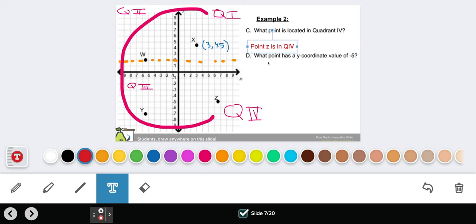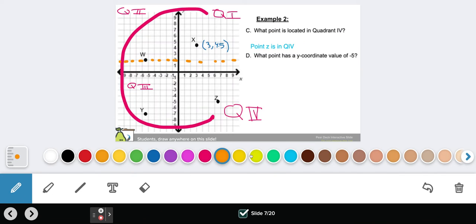And then it says, what point has a y-coordinate of -5? Let's use a different color. Let's use this light blue to find our y-coordinate of -5. Again, we're going to go up to -5 on our number line. Or actually, let's keep it with yellow. That's fine.